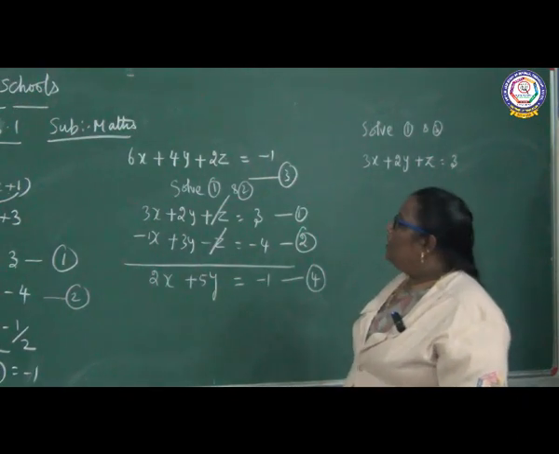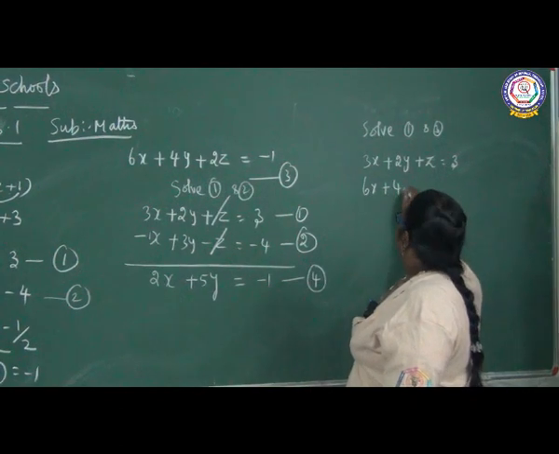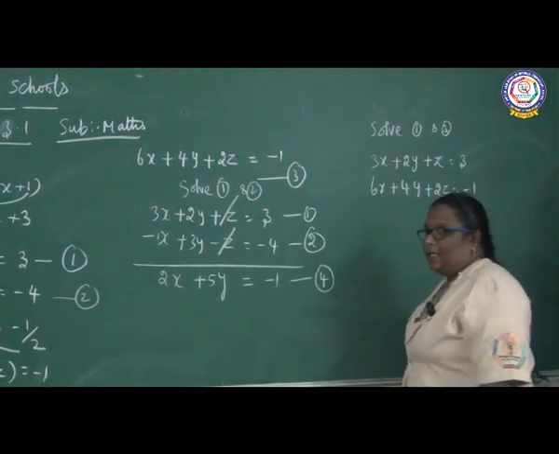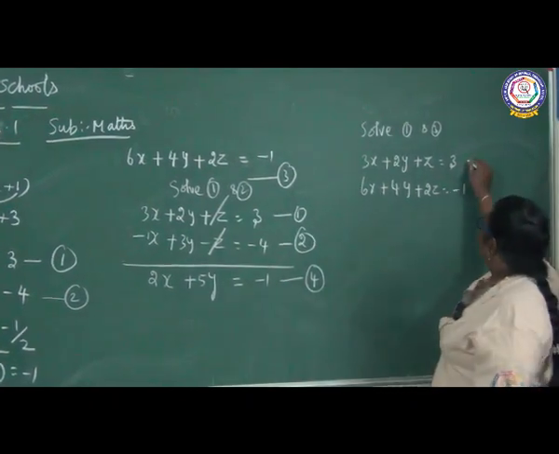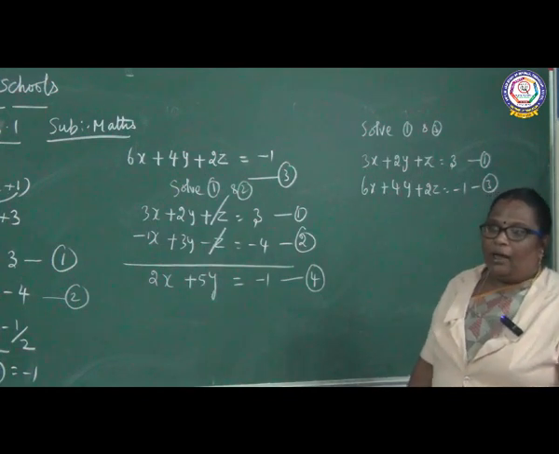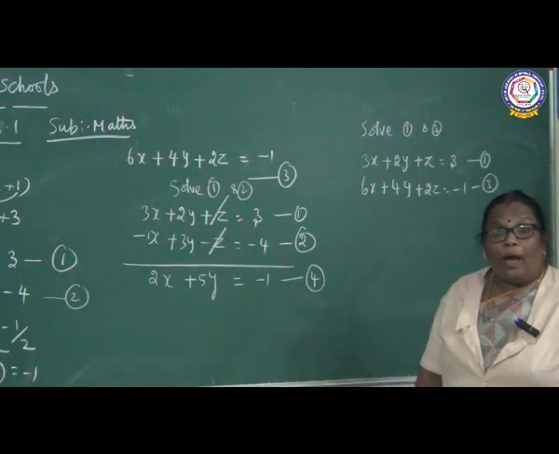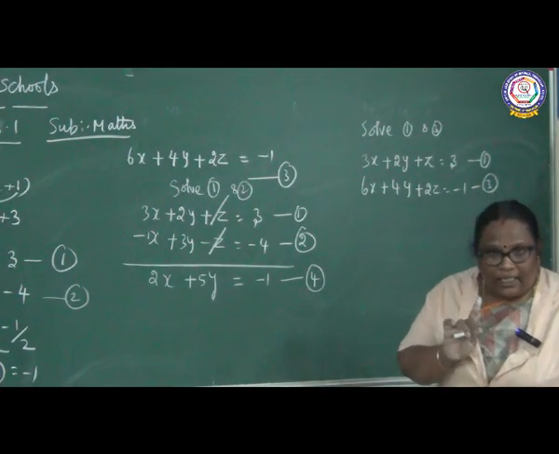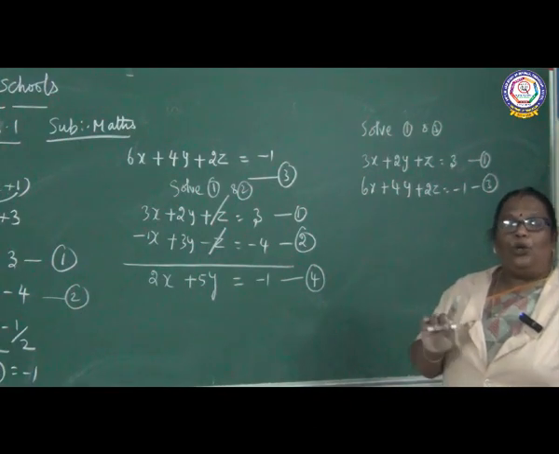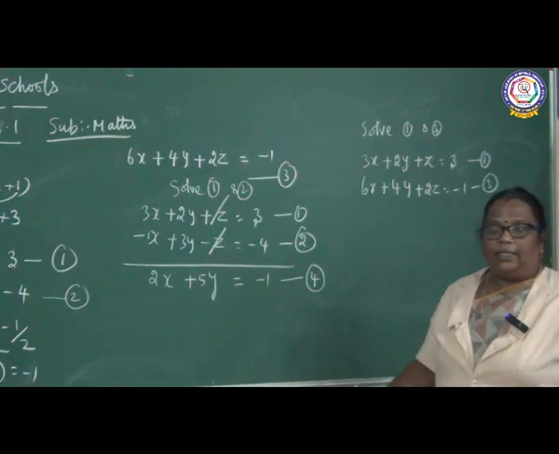What is the third equation? 6x plus 4y plus 2z equal to minus 1. From first and second, what term did you cancel? The z term. The same way, for 1 and 3, you cancel the z term.